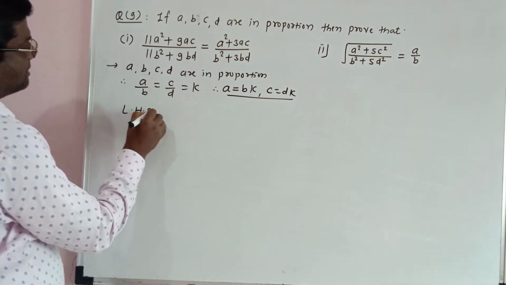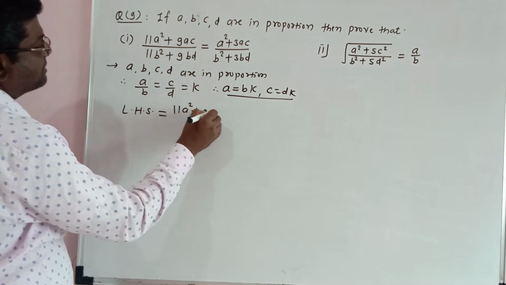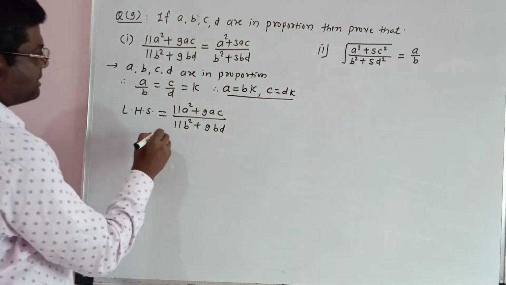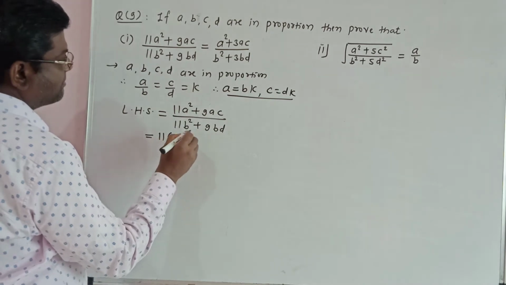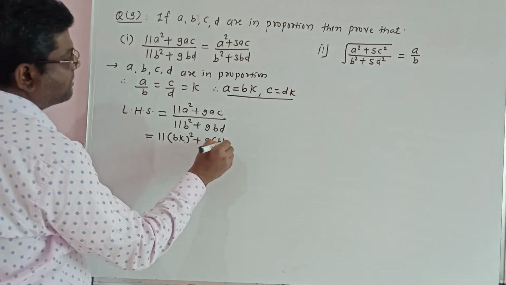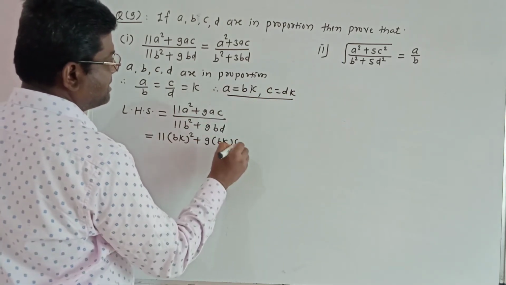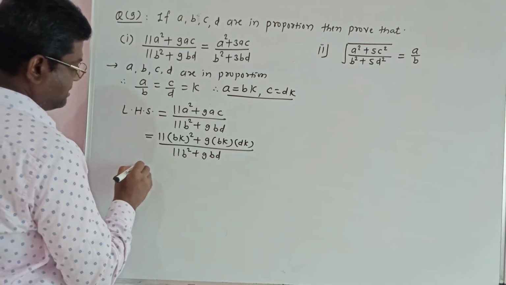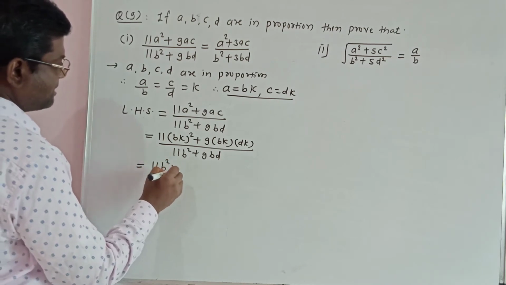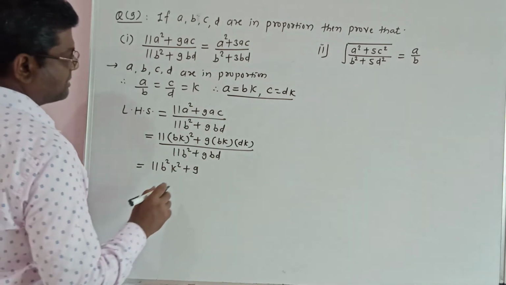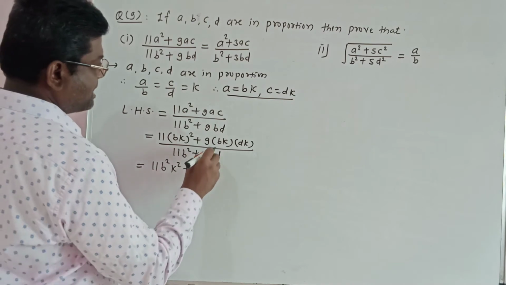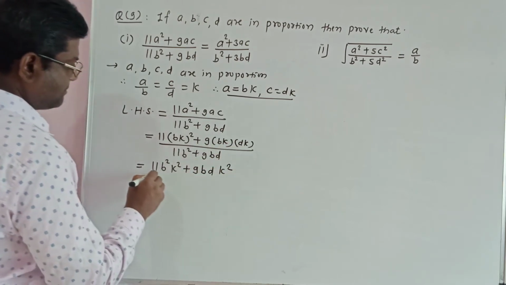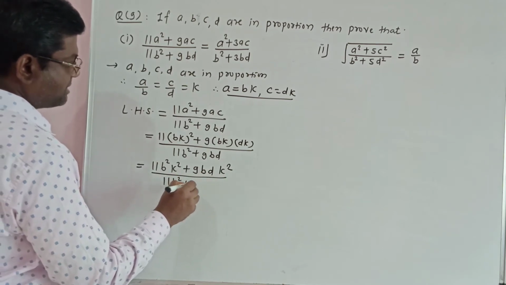Now we have given LHS is equal to (11a square plus 9ac) upon (11b square plus 9bd), that is equal to 11 into value of a is bk, square, plus 9 into value of a is bk and value of c is dk, divided by 11b square plus 9bd, is equal to 11b square k square plus 9 into bk into dk, that is bd, and k into k is k square, upon 11b square plus 9bd.